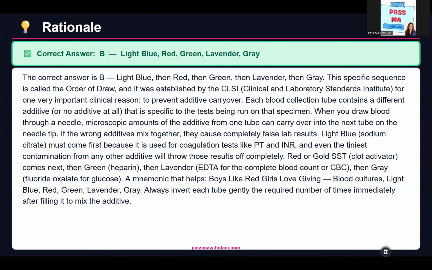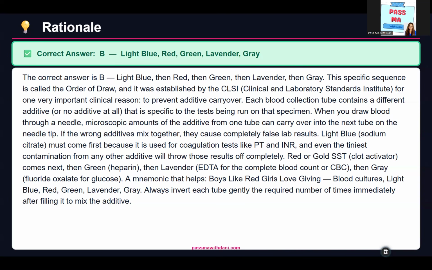Remember that the CLSI sets the standards for phlebotomy, for the order of draw, for the correct processes and procedures when drawing blood from a patient. The reason that you have to abide by the order of draw is that the tubes contain additives. Additives can either be serum separating or they can contain clotting factors.